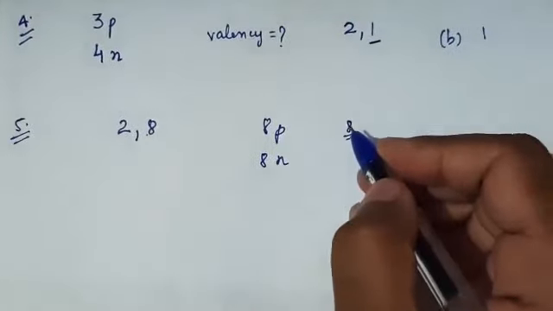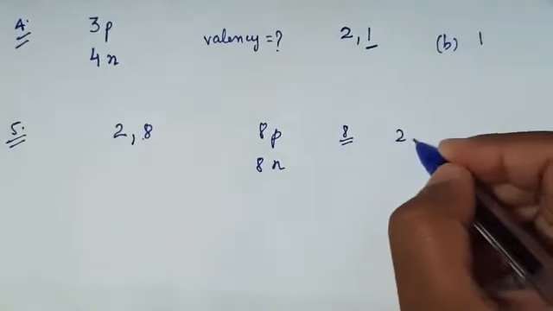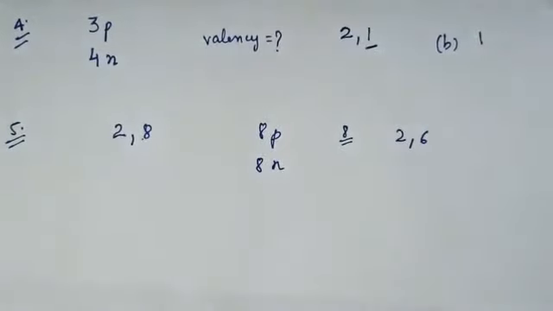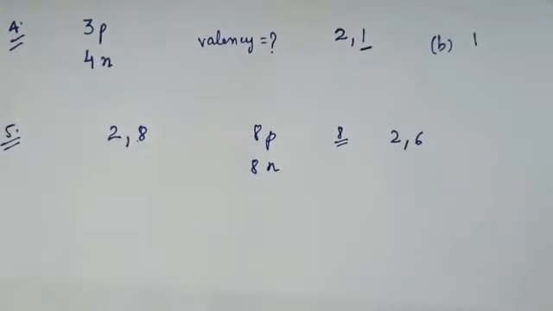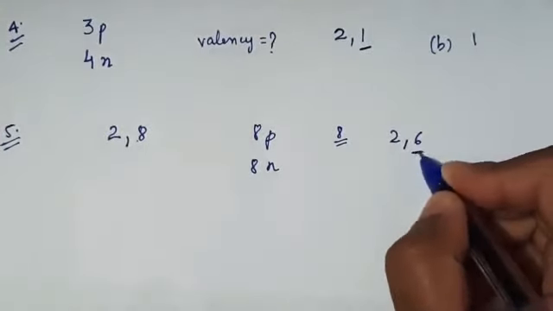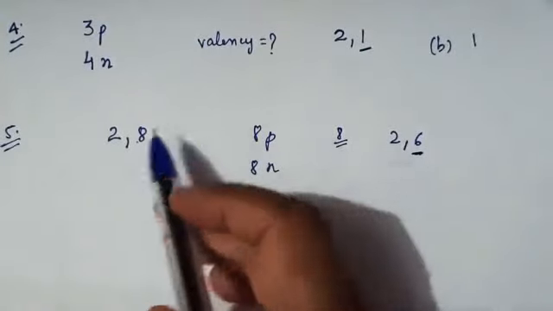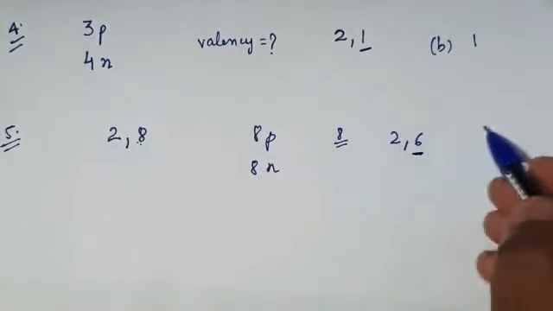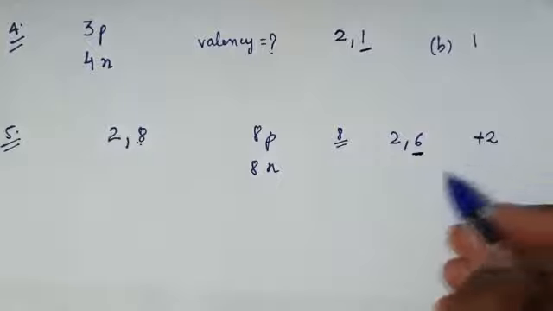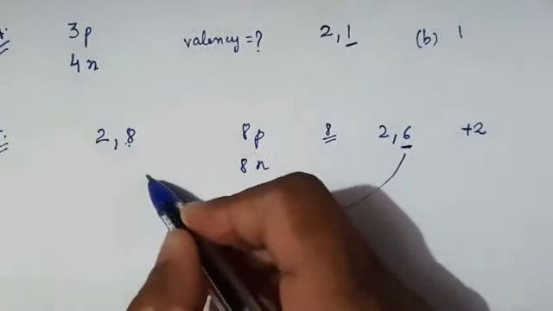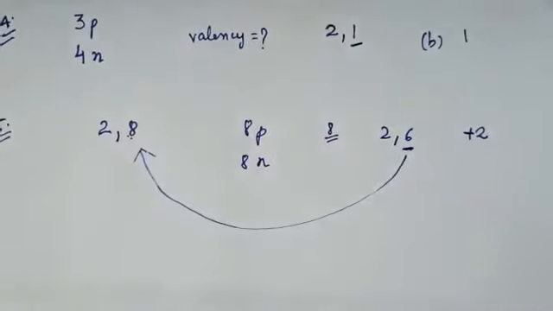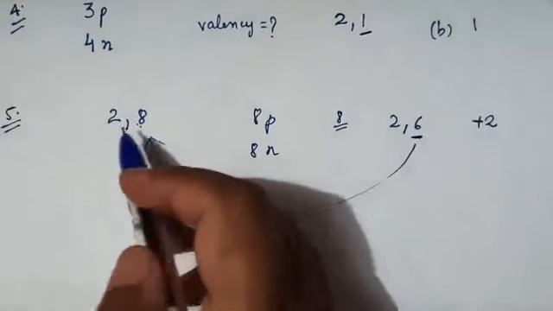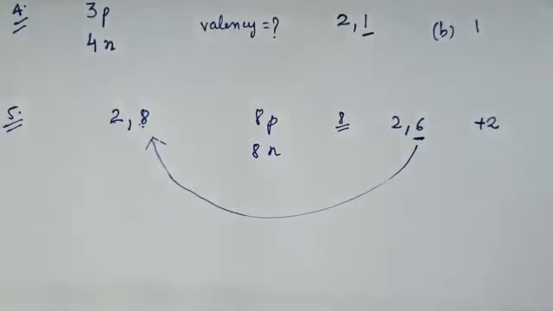So write down the electronic configuration, 2 and 6. Now 6 electrons are present in the outermost shell. So how did it come 8? Because it has gained 2 electrons to complete its octet. That's why the configuration becomes 2, 8.